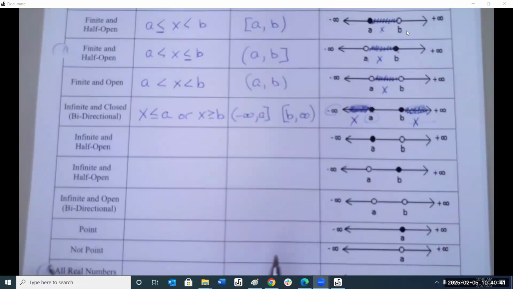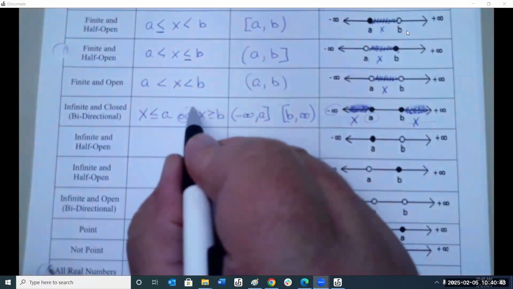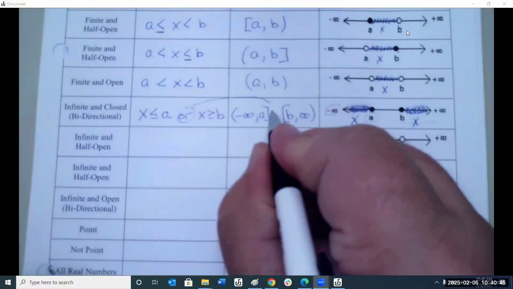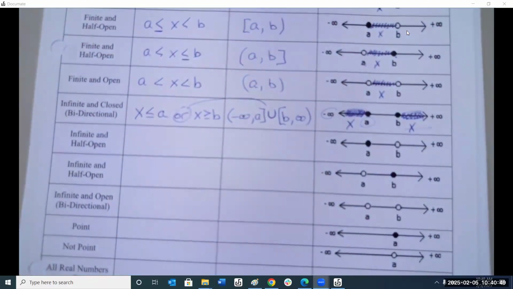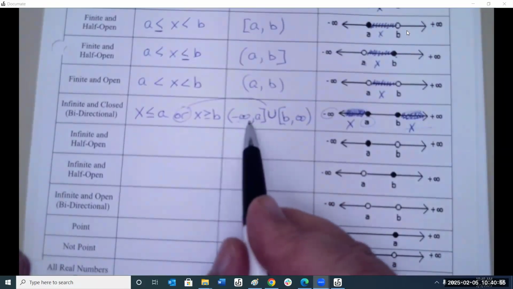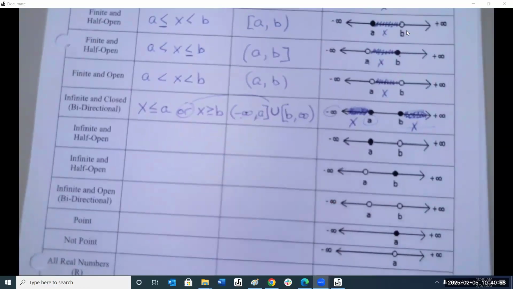The symbol we use for or is the union symbol. The union symbol means or. My answer is either going to be in this group or it's going to be in this group.